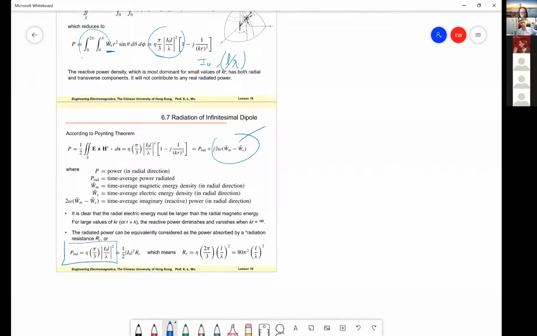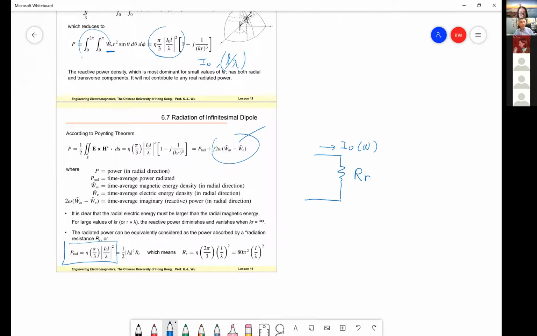Total power radiated, right? And then if we use circuit theory, let's say we have a resistance and a current. This current changes with time, with the frequency, so that means an instantaneous current.